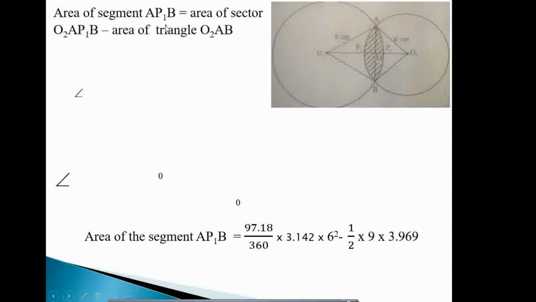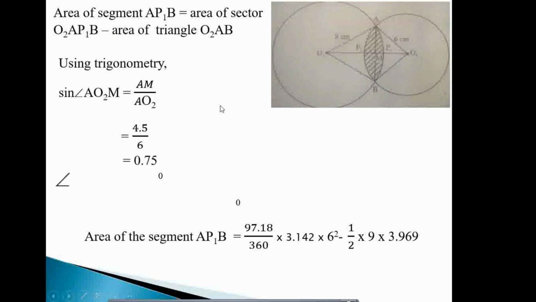The area of the segment AP1B is equal to the area of the sector O2AP1B, minus the area of the triangle O2AB. Then we'll have our area of the segment. Using trigonometric ratios, we can get the angle.